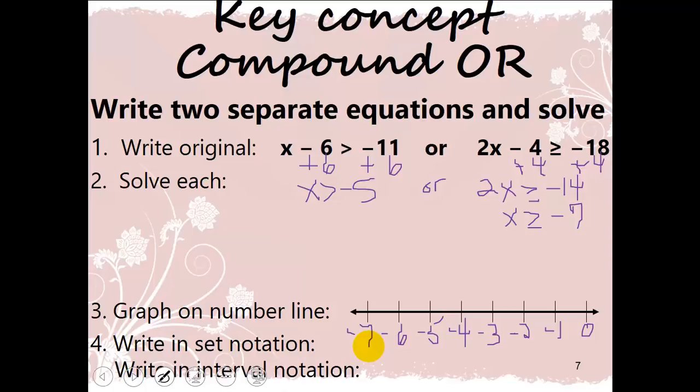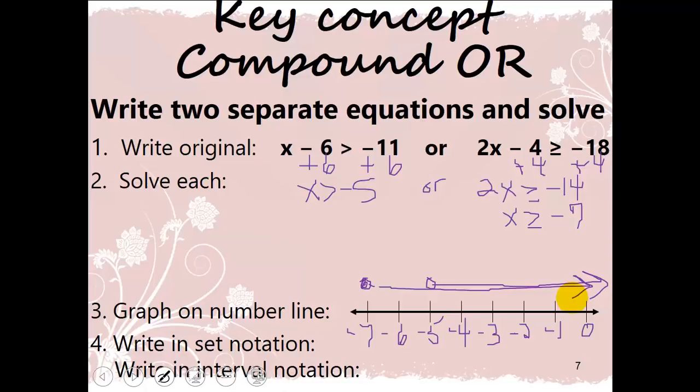So I have negative 5 open and then going off to the right, and then I have negative 7 closed, also going off to the right. And they overlap, don't they? That's interesting. So that means if it's in this bottom line or in this top line or in both of them, I get to include it.